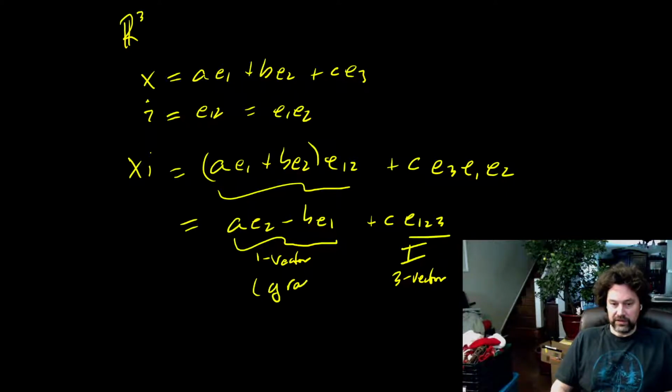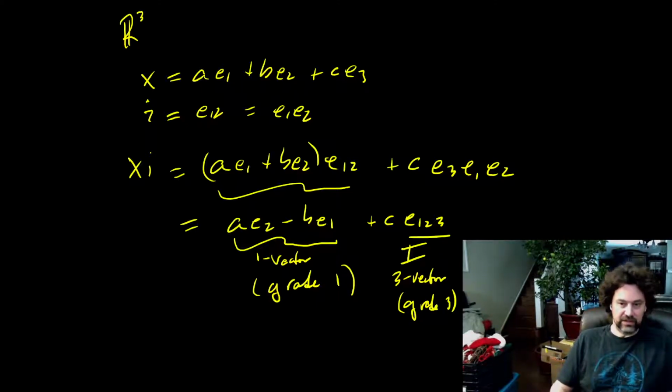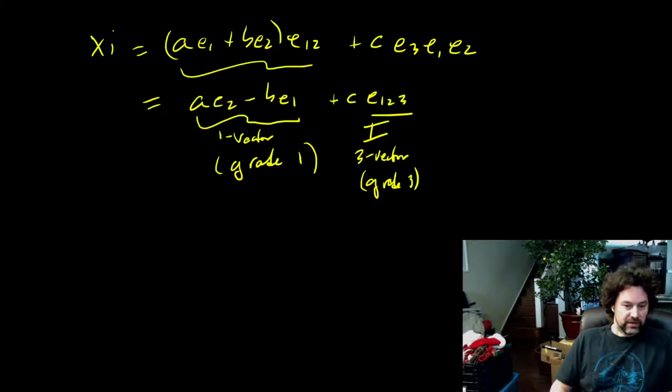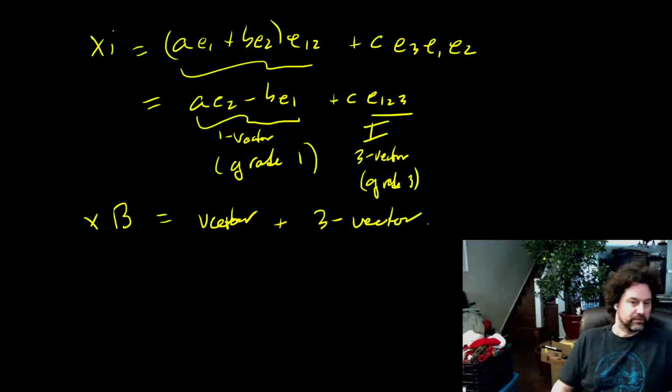So grade 1 and grade 3. So we see that if we take a vector, and you can generalize this to Rn, if we take any vector x times b, we end up with a vector plus a 3 vector.